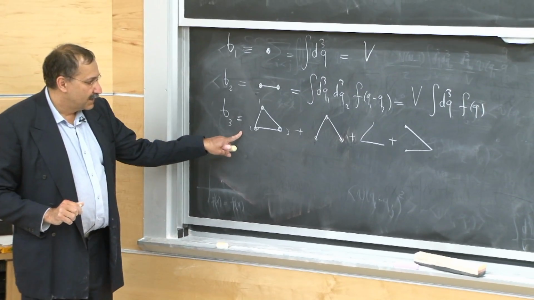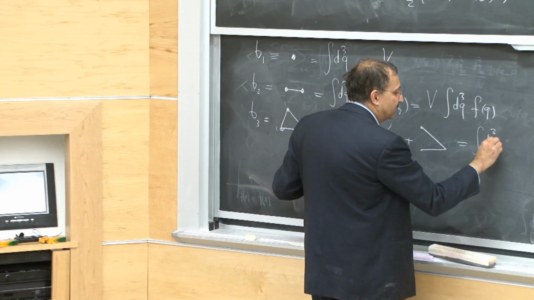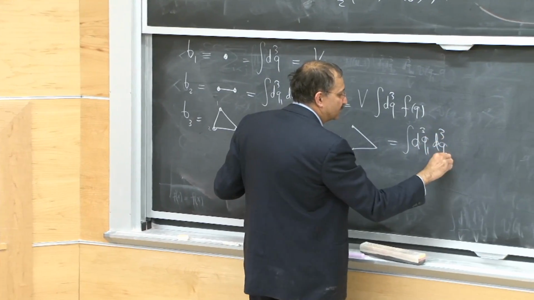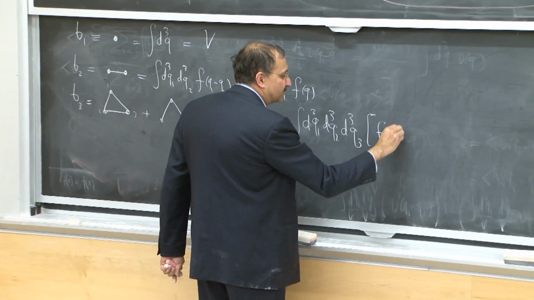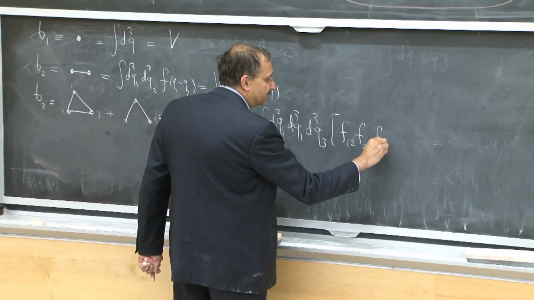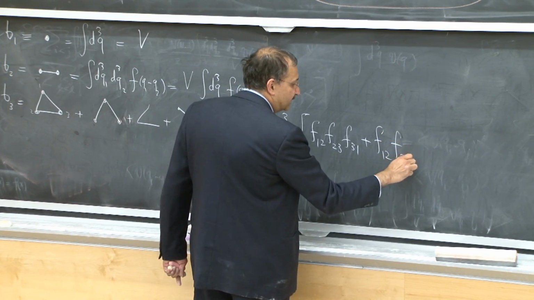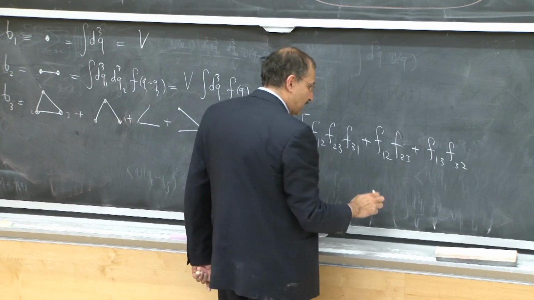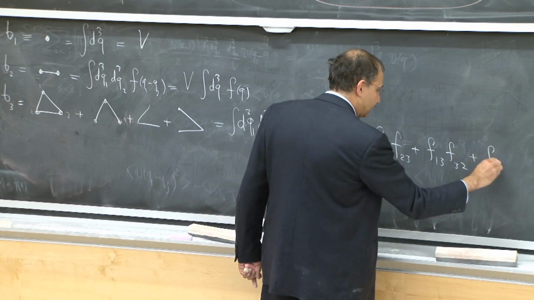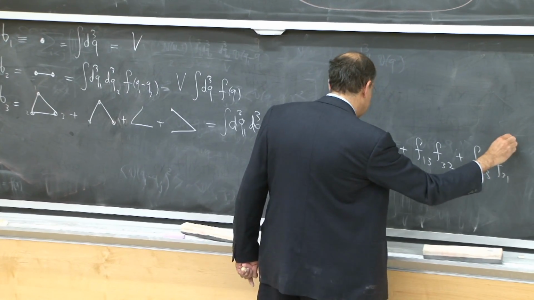So this mathematically would be the integral over q1, q2, q3, of f12 f23 f31, plus f12 f23, plus f13 f32, plus f23 f31, something like this.